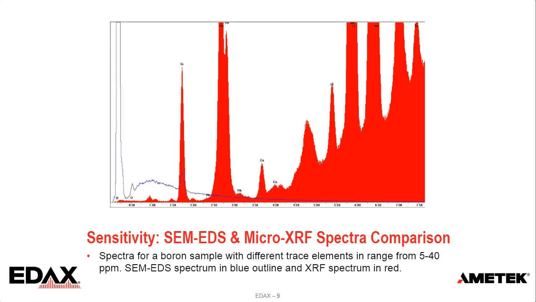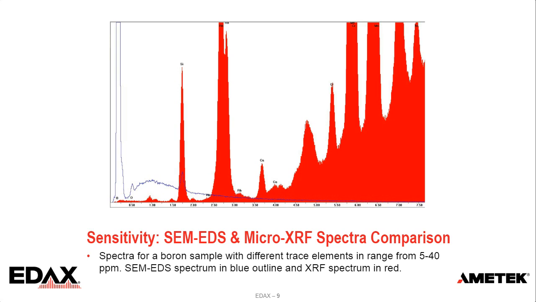This is a spectral overlay for a boron sample with different trace elements in the range from 5 to 40 ppm. In the EDS spectrum, in the blue outline, we see the very high boron peak, but we do not see this in the Micro-XRF spectrum.